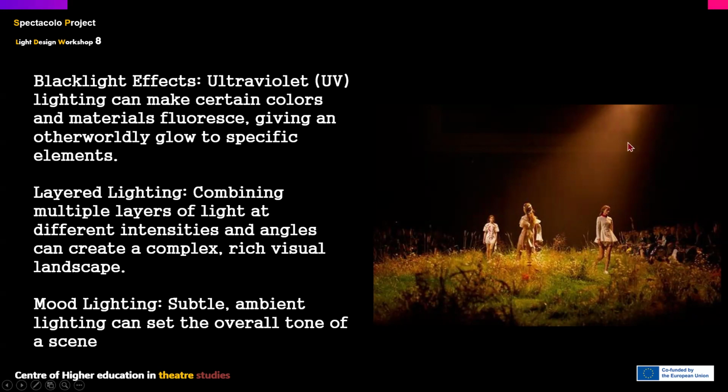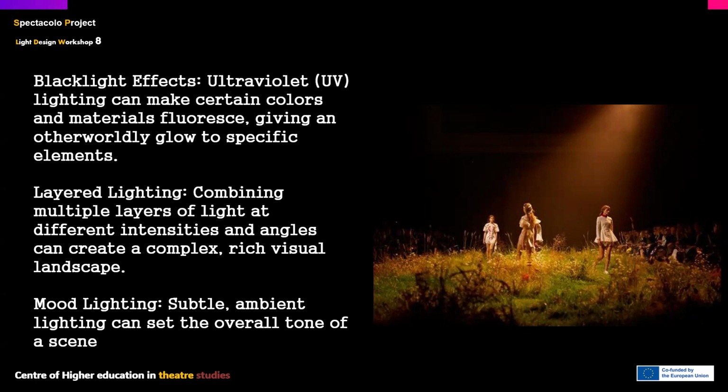From this side we have an orange thing, and I suppose that from the other side, outside of the stage, we have something green. So we make a combination of these different layers of lighting on the stage. Mood lighting.